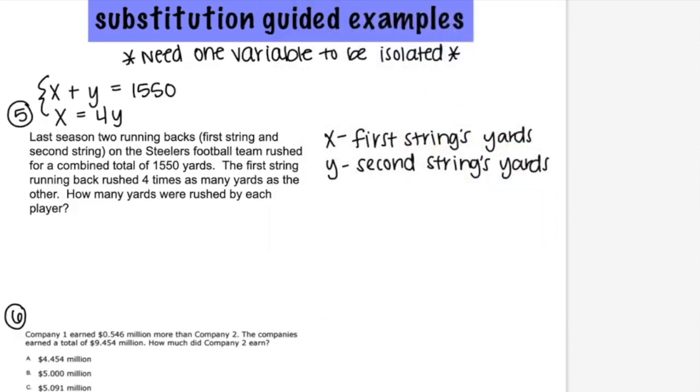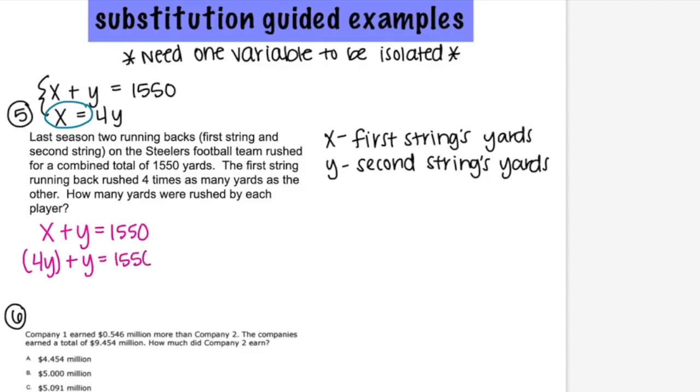This is our system. Now we've got to make sure before we can do substitution, we need to have a variable that's isolated. So we have x equals. Since x is isolated, we can use substitution. Now to use substitution, we're going to say if x is the same as 4y, then I can look at that first equation and plug in 4y wherever I see an x.